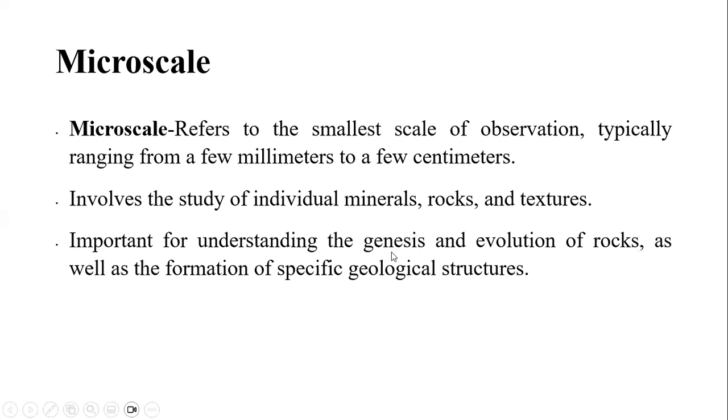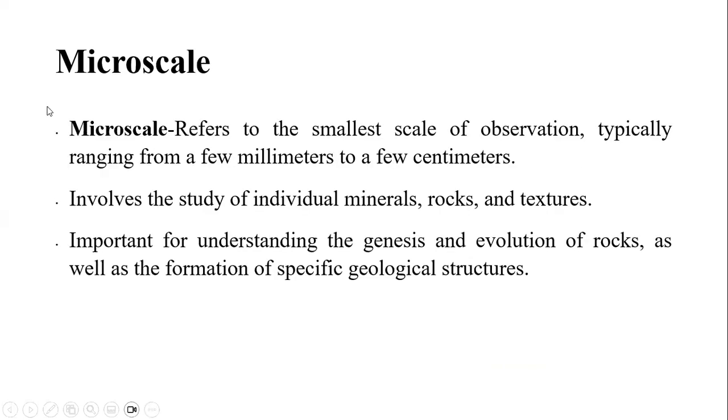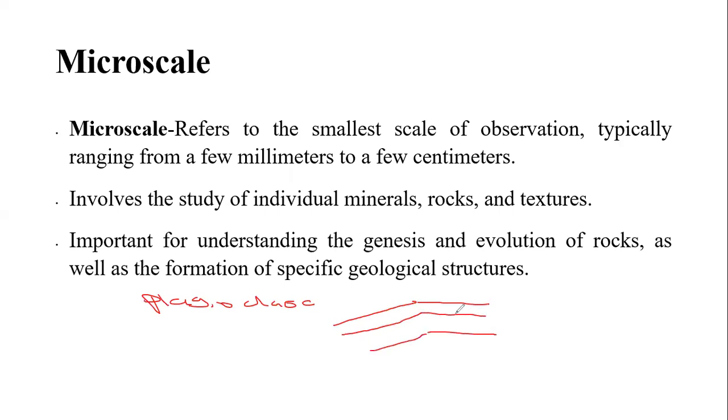For example, how can you understand the genesis and evolution of rocks? Let me give you an example of a plagioclase. Okay, so if a plagioclase is showing spindle twinning, this will tell us much about the deformation.